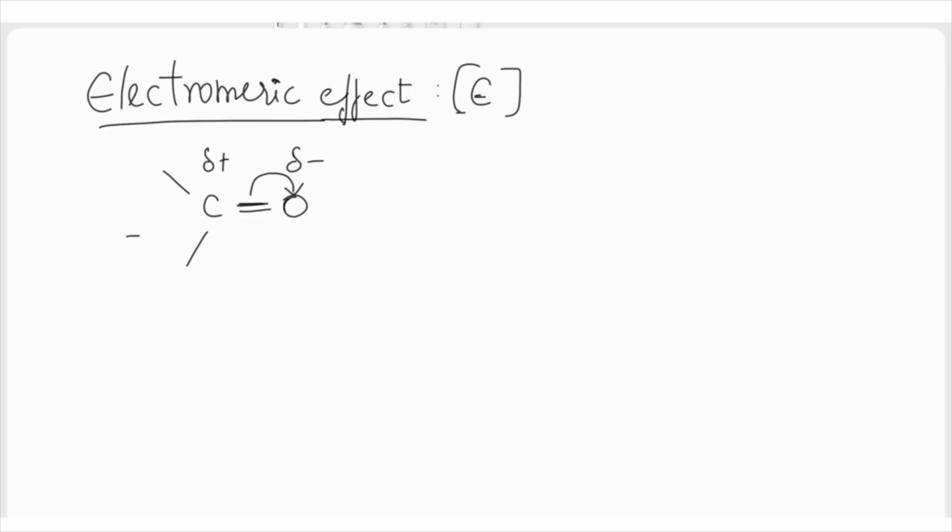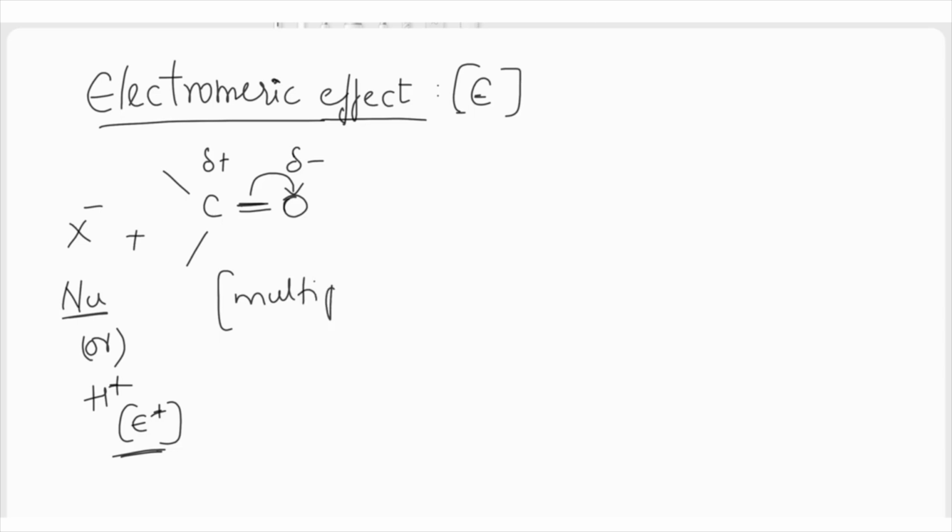This only happens when there is an attacking agent, which could be a nucleophile or an electrophile. Whenever there is an attacking agent, in molecules that contain multiple bonds we observe the complete transfer of pi electrons, resulting in the formation of a dipole.